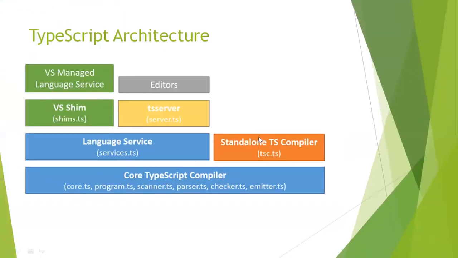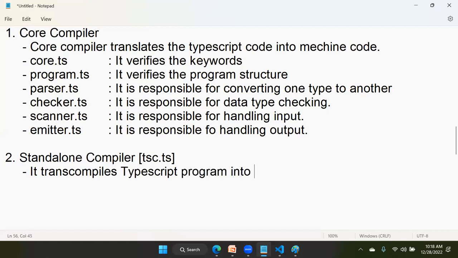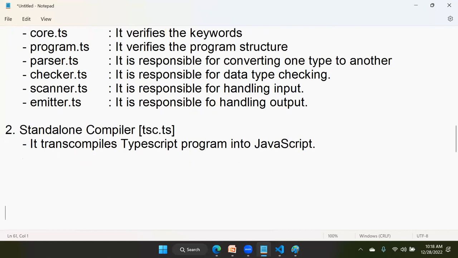The standalone compiler is the tsc.ts file. And what is the purpose of the standalone compiler? It transcompiles a TypeScript program into JavaScript. That means whatever TypeScript program you have written is translated into JavaScript.